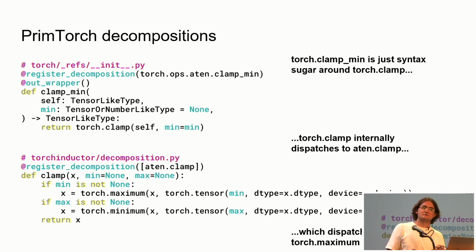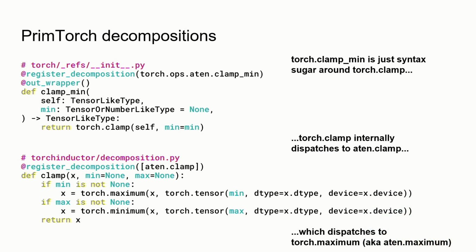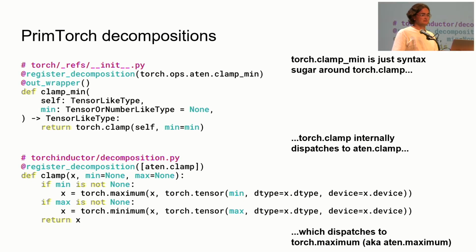So one thing PyTorch 2 uses is a set of decompositions and primitives, which take the 2,000 operators that PyTorch normally has and make them into a much lower operator set. And those decompositions can be opted into per backend if there's a particular high-level API that's important to keep as one operator.